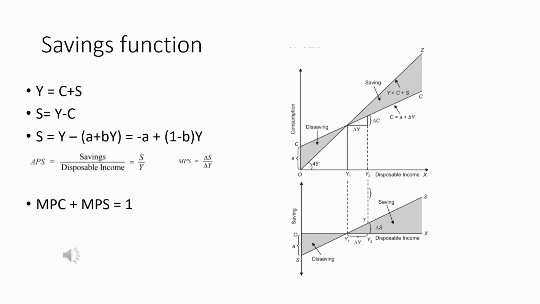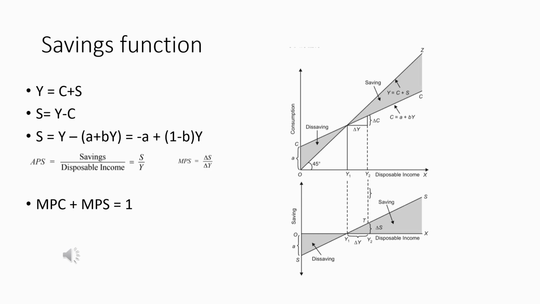It is given by the ratio ΔS/ΔY, where Δ represents change. Since the additional income is either consumed or saved, the sum of marginal propensity to consume and marginal propensity to save is equal to 1.